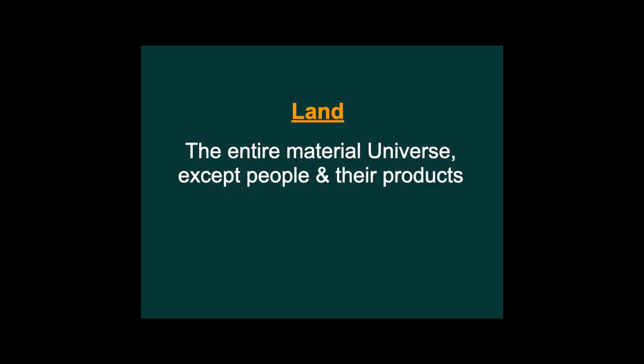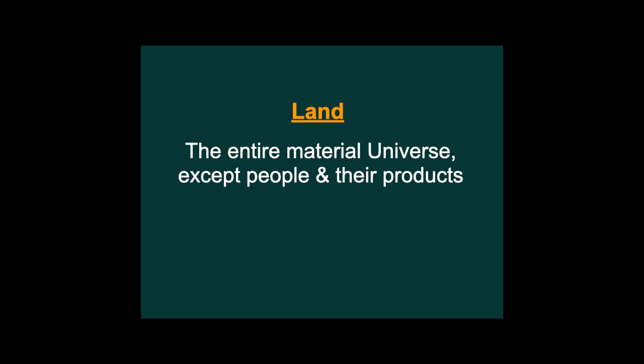So the entire material universe, except people and their products, what do you suppose we should call that? We could call it nature or natural resources. Land. Land, there's the answer I was looking for, right?